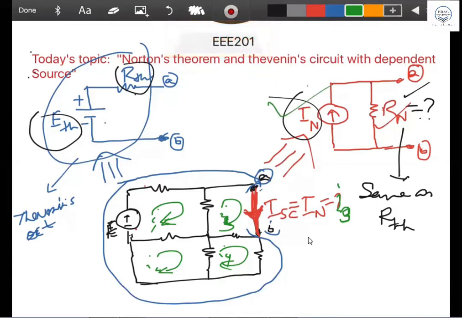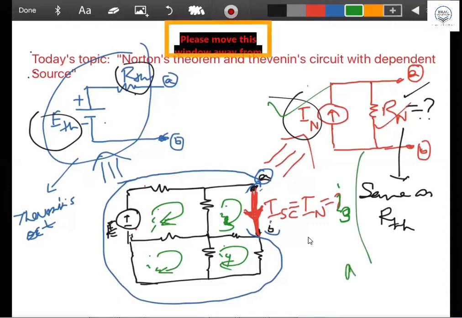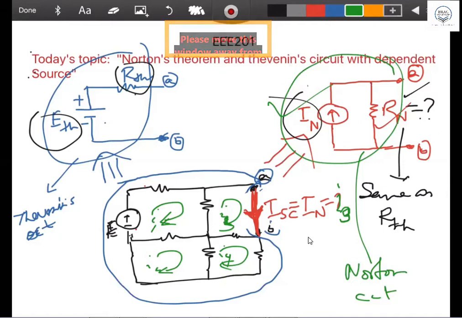Then you get your Norton circuit. So the Norton equivalent, this is your Norton circuit. So the Norton equivalent circuit is like this, and the Thevenin equivalent circuit is that.